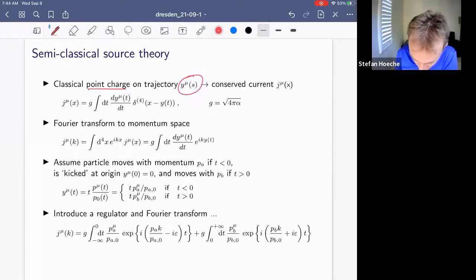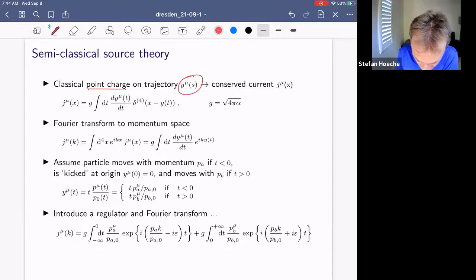And what if I have a classical point charge? That means the particle stays there, it's not destroyed, and no new particle of that type is produced for the moment. So this will be a conserved current. Conserved because the particle is not destroyed, a current because it has a charge, okay?